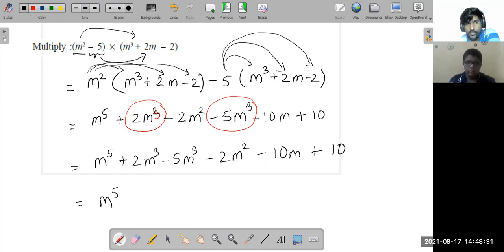m raised to 5. Now 2m cube minus 5m cube: how much will it be? Minus 3m cube, then minus 2m square as it is, minus 10m as it is, plus 10.